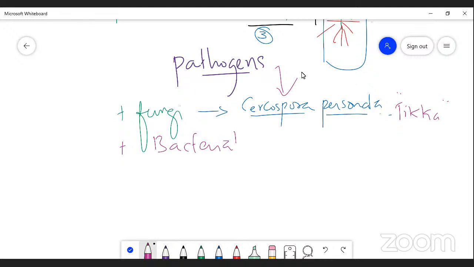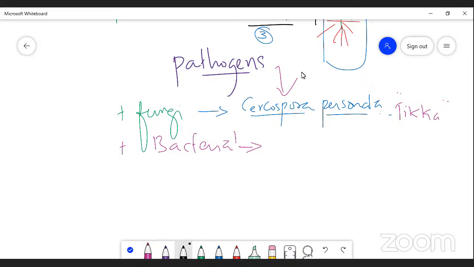And next one, bacteria. Bacteria are also known as pathogens because they are able to cause disease to some crops. In citrus canker, the lemon fruit is totally affected by Xanthomonas citri. It is also one of the pathogens, which causes canker disease. The surface of the lemon fruit is totally covered by black dots, so commercially it is affected by citrus canker disease.